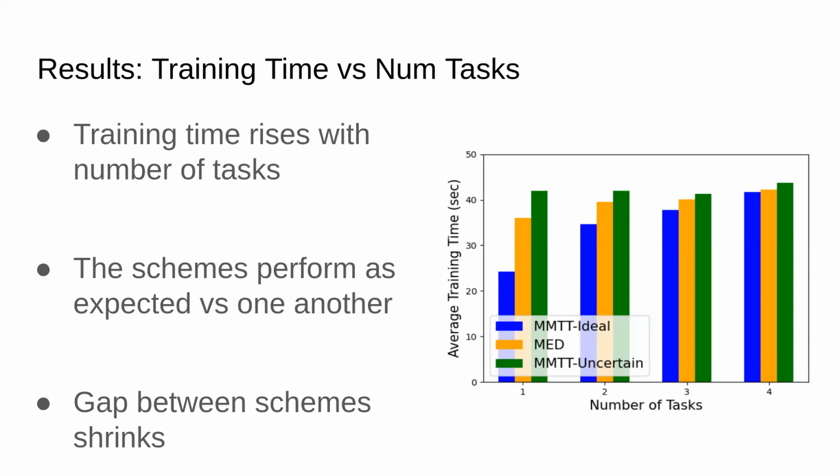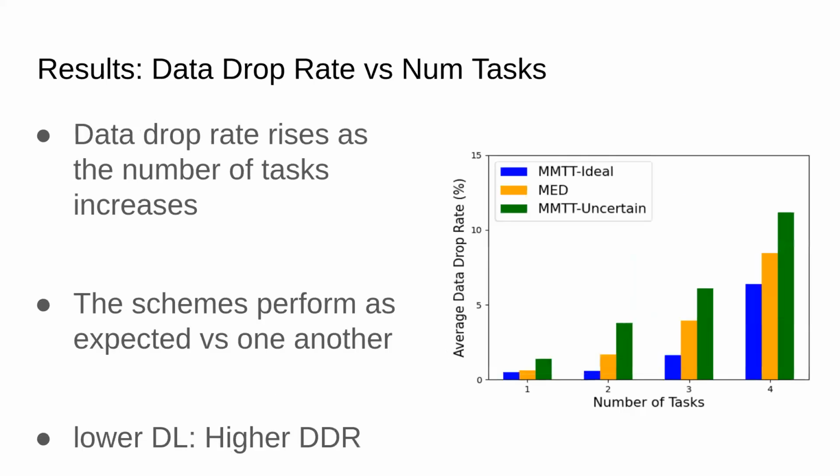And as well, we see the same performance pattern that we were expecting, where MMTT ideal outperforms MED, which in turn outperforms MMTT uncertain. We see a similar pattern in data drop rate as we vary the number of tasks as we saw when we varied the number of learners. MED seems to perform in between MMTT ideal and MMTT uncertain.